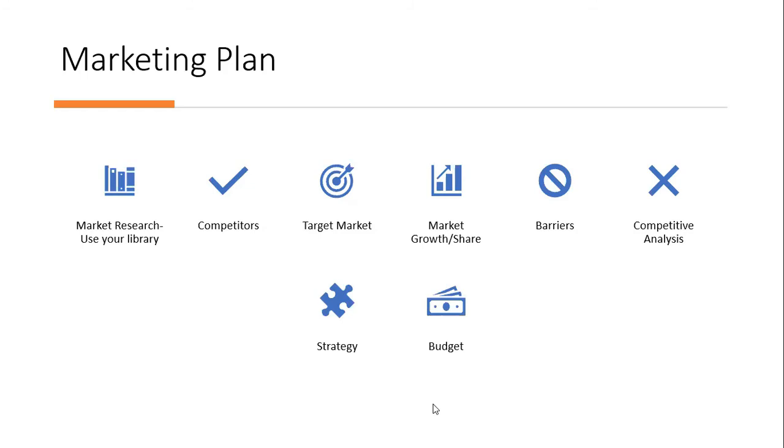It's so much information that you might actually have to get the librarian to help you sort through it. Some librarians charge you a fee to do that. But if you don't have the money, you can just do it yourself. And if you do have the money, you just go and say, hey, I need all the research on this industry, and they'll have it waiting for you to come pick up or send it to you.